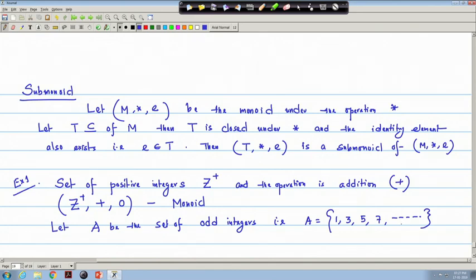Okay. So, A is a subset of Z plus, the set of all odd positive integers. Okay, the set of odd positive integers we have taken.